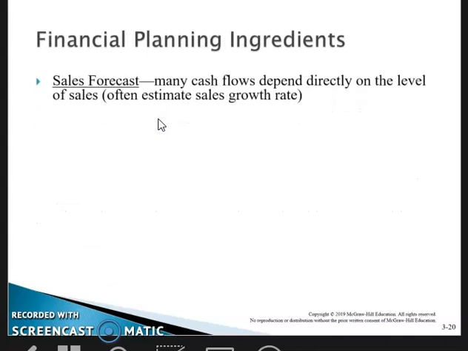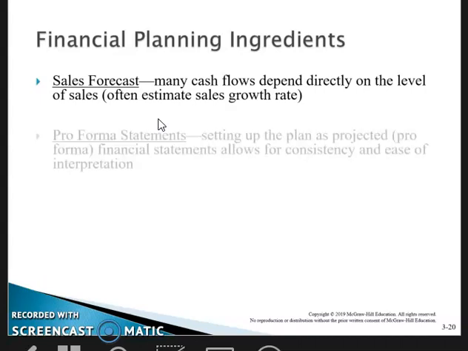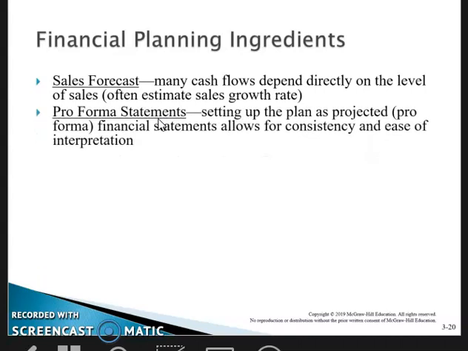So financial planning involves sales forecasts. Many cash flows and expenses depend on the level of sales, so they often use them to estimate a sales growth rate. Pro forma statements set up a plan as projected.